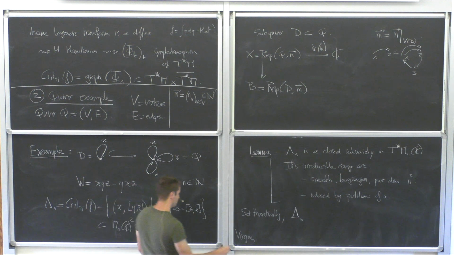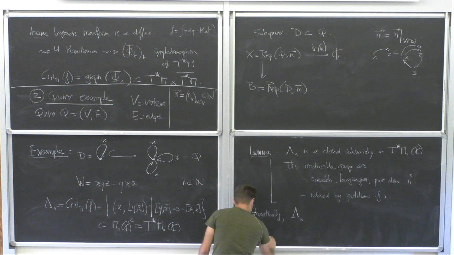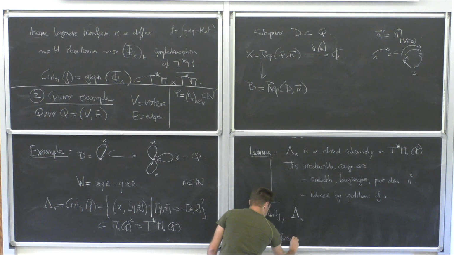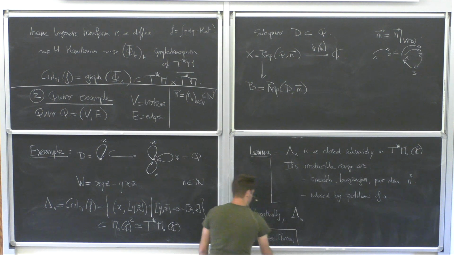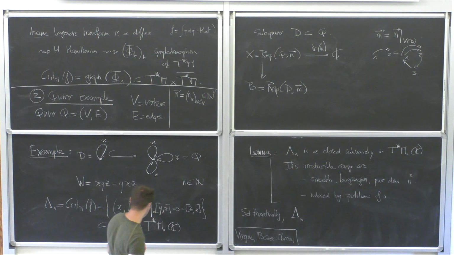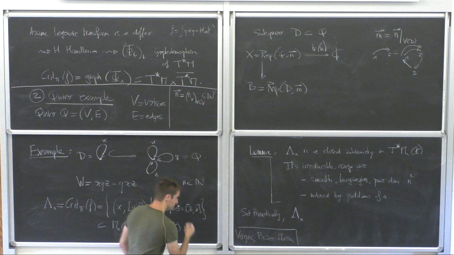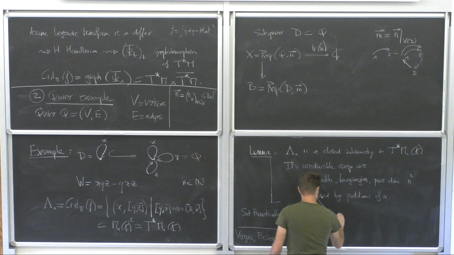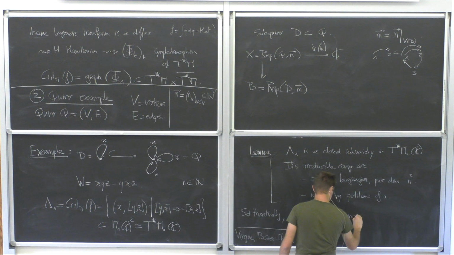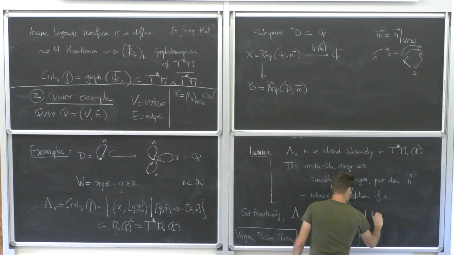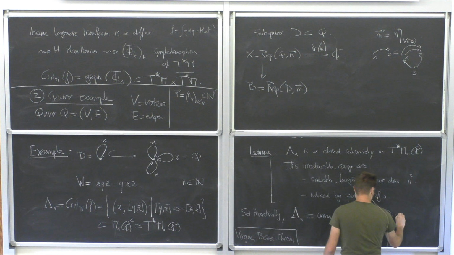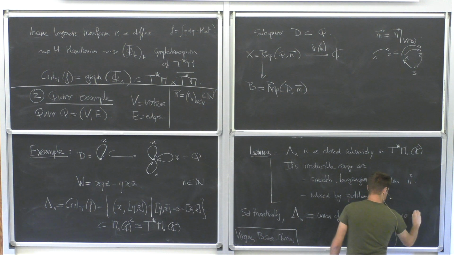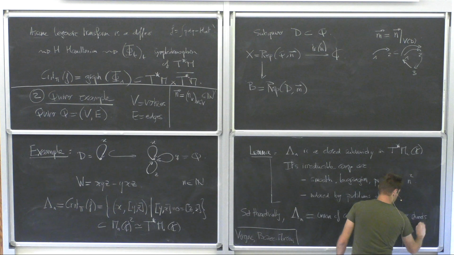And then Tristan Bozec could prove this with Anne Moreau. I don't think they've written this yet, but they checked it, it's correct. So set theoretically, lambda n is a union of conormal bundles to subvarieties that are called Dixmier sheets of GLn.